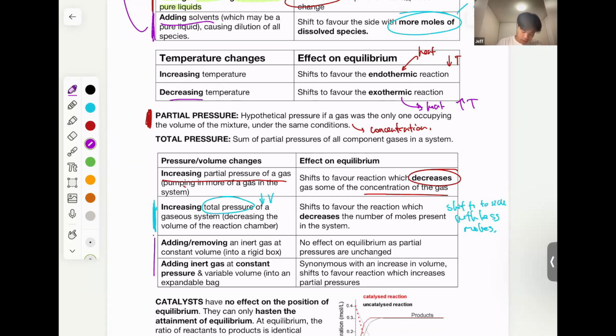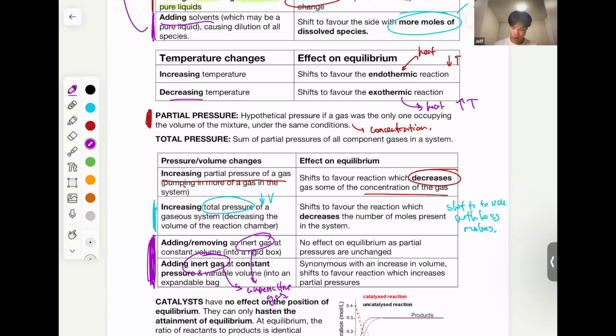The final two cases are your inert gas cases. What's inert gas, just quickly? Like non-reactive. Great. An unreactive or non-reactive gas. So it's not going to interact with your equilibrium system.